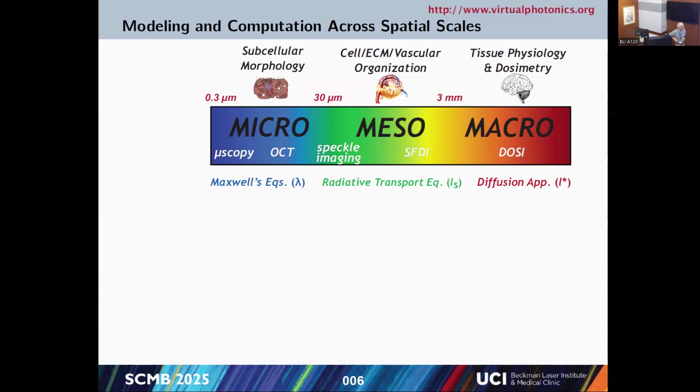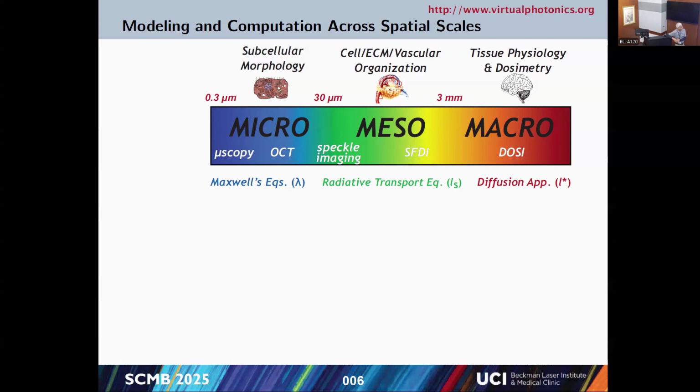And Monte Carlo simulations, at least within our field, are now considered the gold standard for solving the radiative transport equation, but it is also very computationally expensive. But when you lose directionality, you can simplify the radiative transport equation to something called the diffusion approximation.